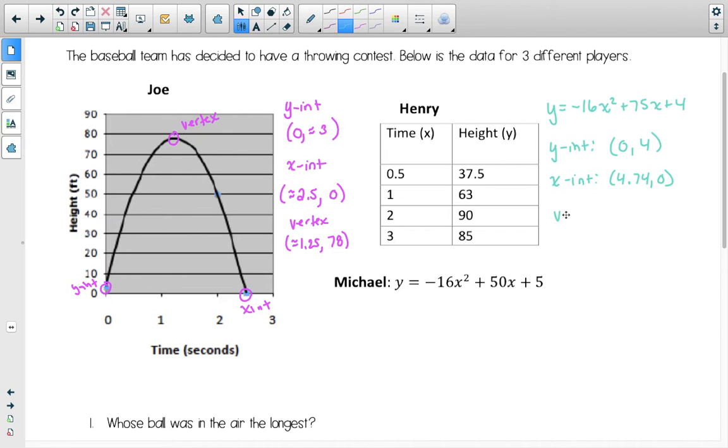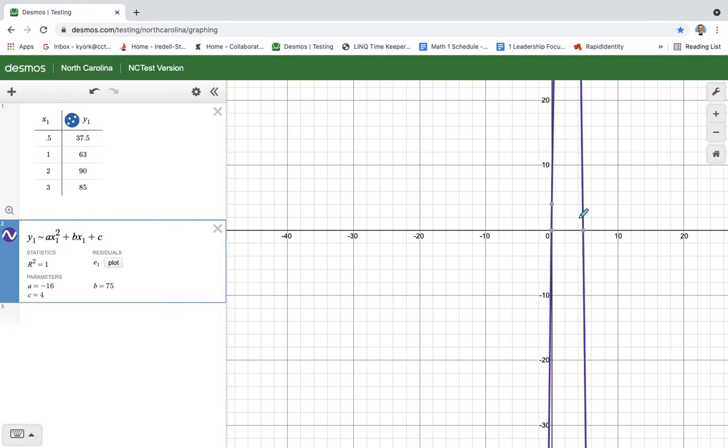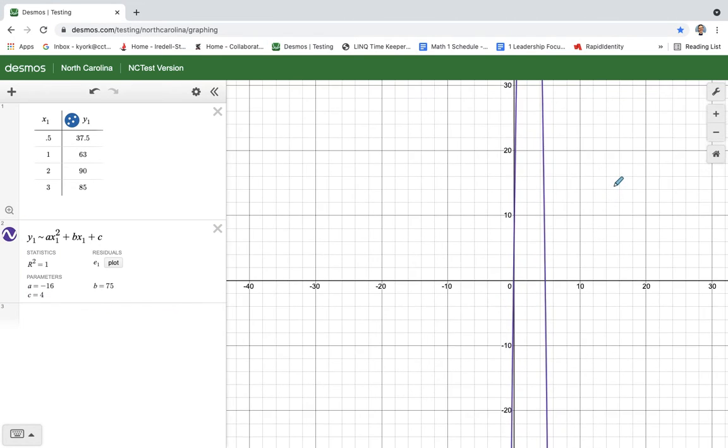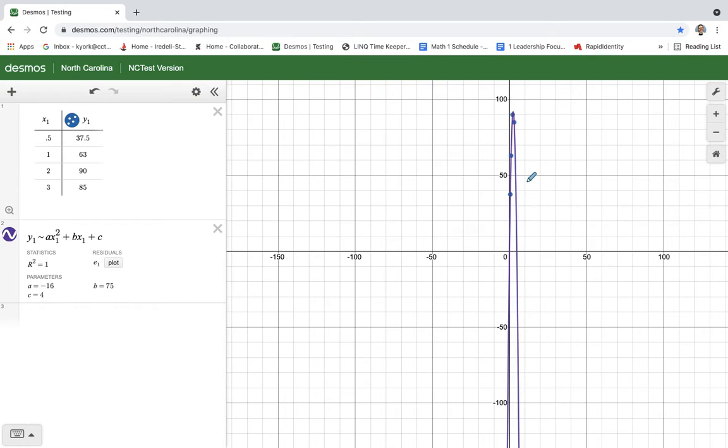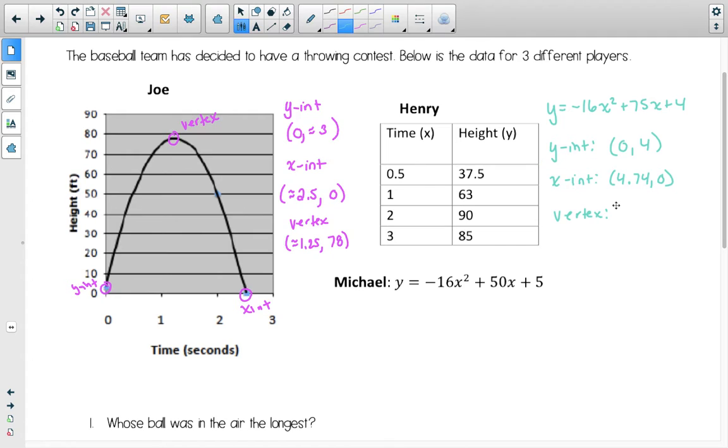And we need to find his vertex, so let's go back to our Desmos screen for that. I'm going to zoom out, and zoom in at his vertex up here, which is roughly 2 and 34/100, comma 91 and 89/100. So that tells us his information.